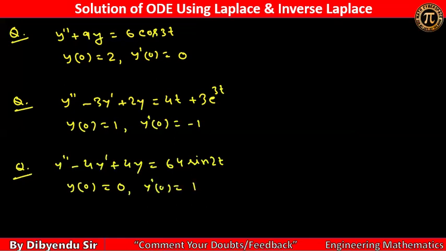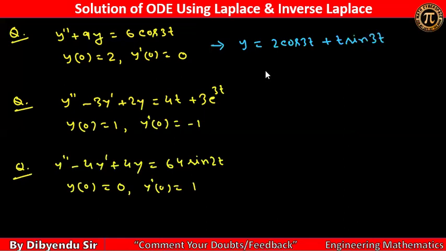Okay, I am writing the answers also. In the first question the answer is y equals 2 cos 3t plus t sine 3t.